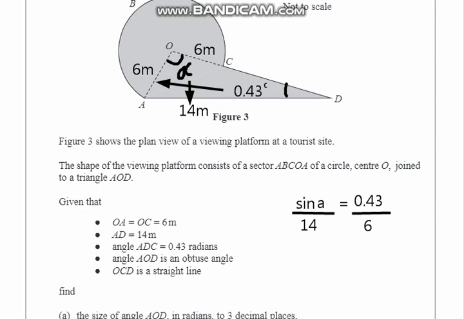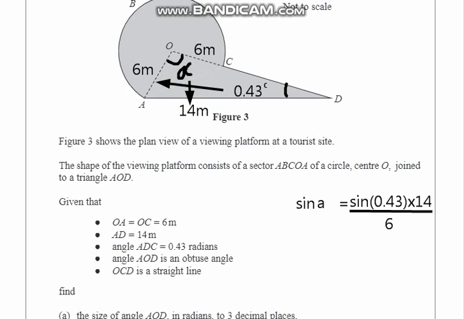Now to make sine A the subject, I'll multiply 14 on both sides, and that will give me 0.43 into 14 upon 6. Before plugging the values into the calculator, I want you guys to remember two things.